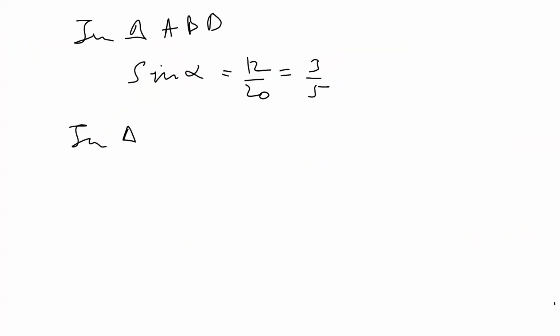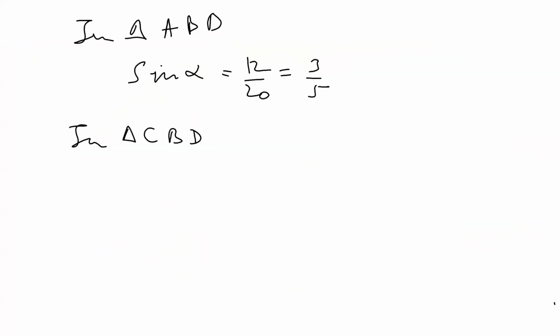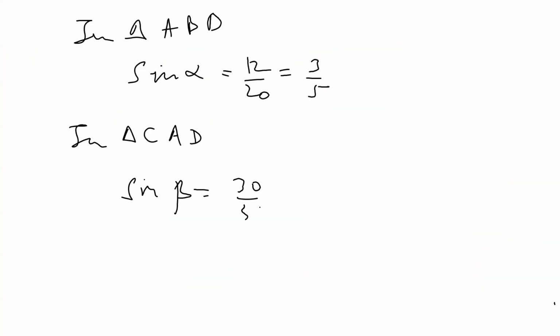In triangle CAD, sine beta is opposite upon hypotenuse, 30 upon 34, which is 15 upon 17.